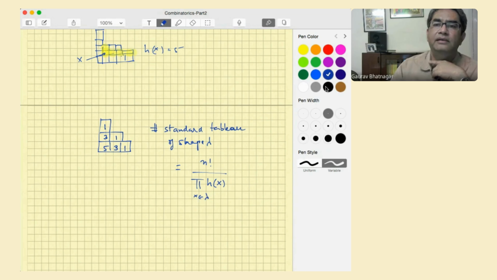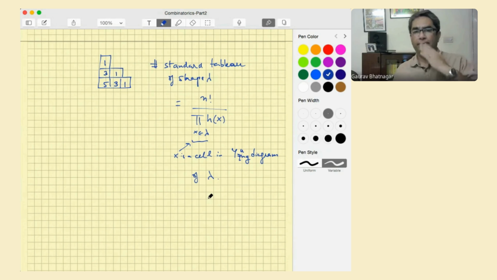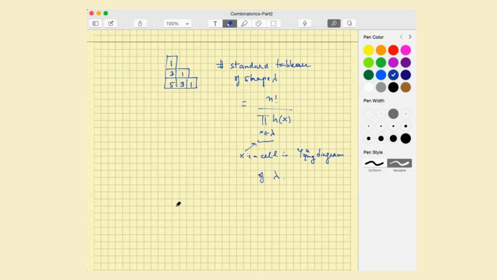This means that x is a cell in the Young diagram of lambda. Essentially, we are just multiplying each of the hook lengths in the denominator, right?